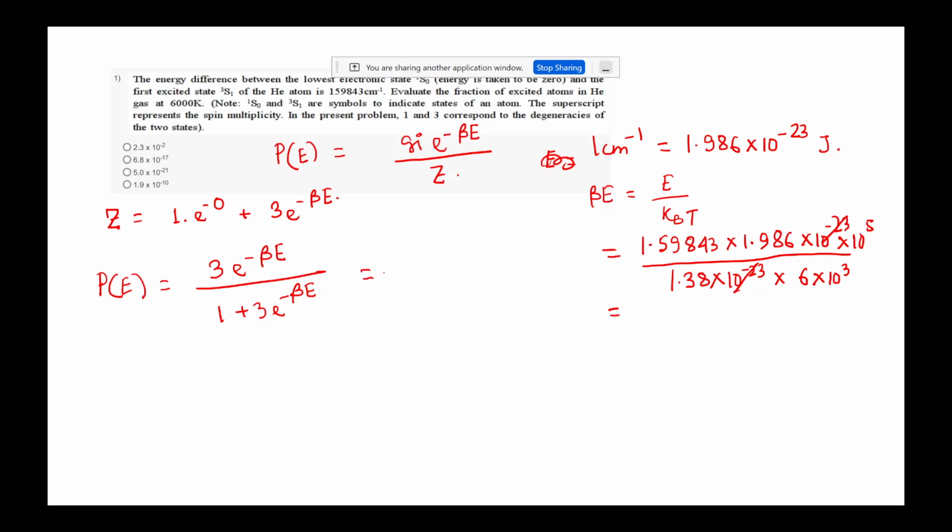So if you do 3 times e to the power minus that answer, divided by 1 plus 3 times that.